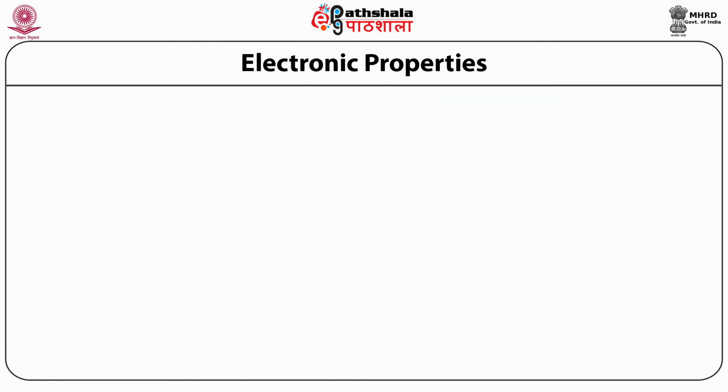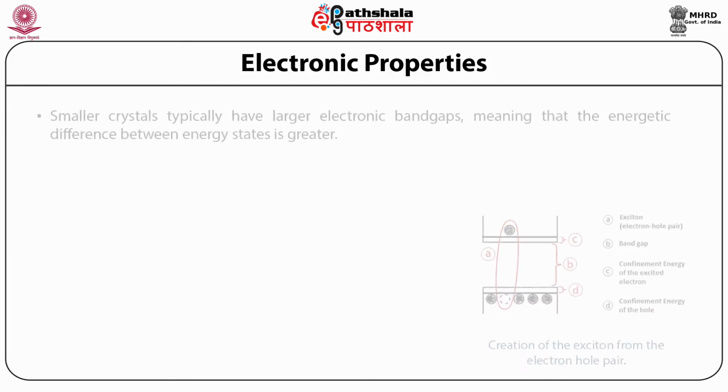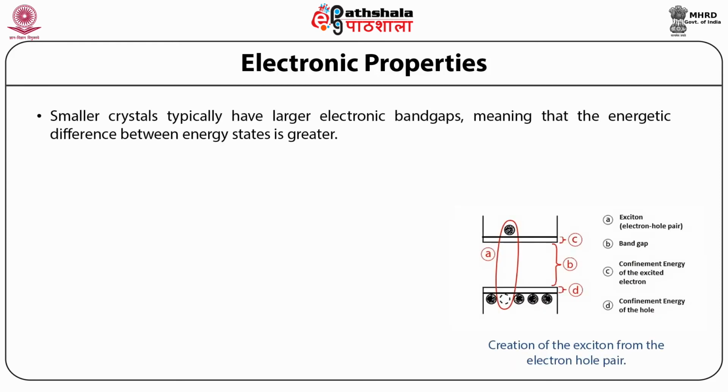Now, the second type of properties are electronic properties. Small-sized crystals have large electronic band gaps, implying the occurrence of a larger energy difference between the energy states.